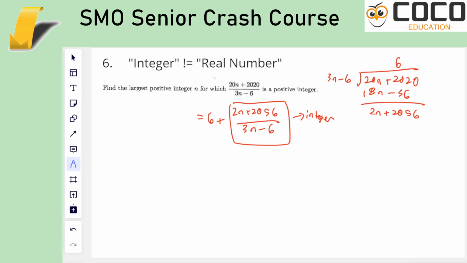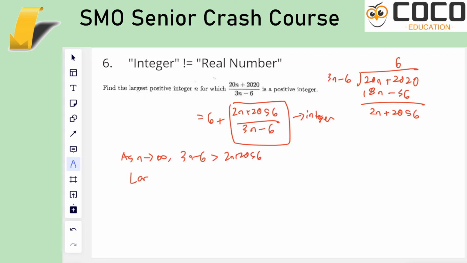Well, the largest positive integer that happens, as n is very big, eventually the bottom will exceed the top. And in fact, we can just say that it is going to be such that 3n minus 6 catches up to 2n plus 2056 and eventually surpasses it.